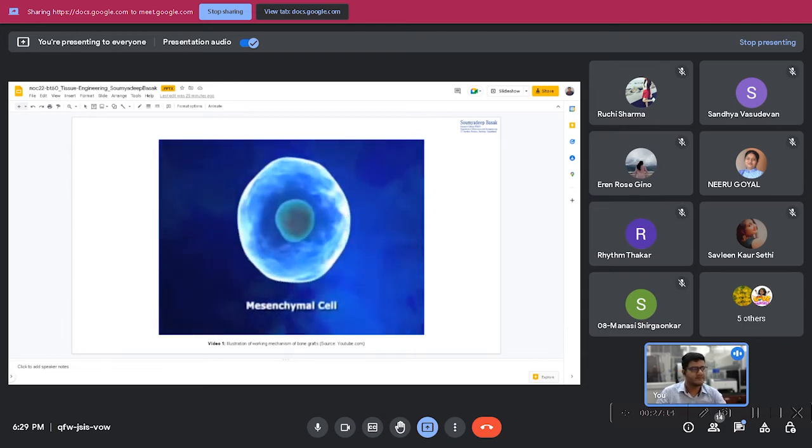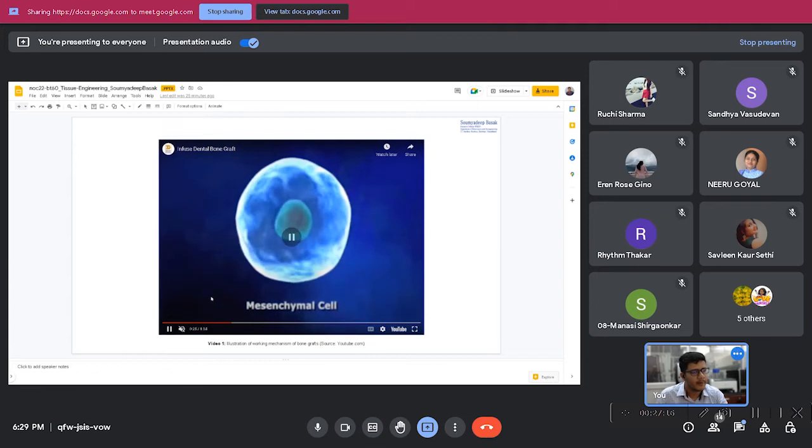Now, when the implant is put into the defect site, for example, if you imagine the implant is taken into the defect site, this implant will immediately start releasing the rhBMP-2, the BMP-2 signaling molecule. Depending upon that, the mesenchymal stem cells come up.